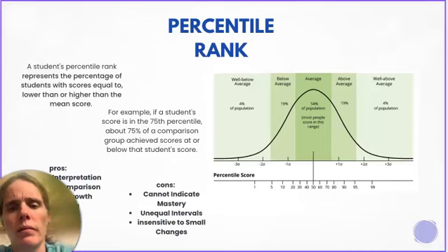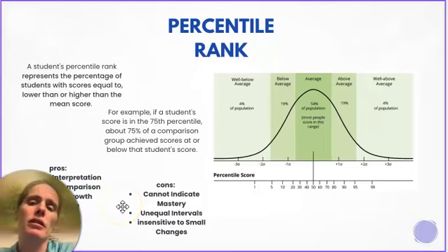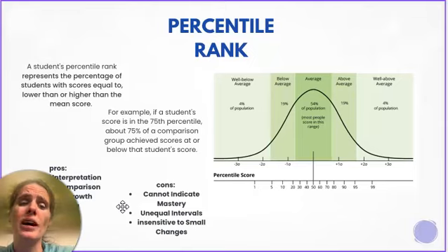Here is a percentile ranking. I thought that it would be nice to separate them and highlight the different graphs. So with percentile ranking, a student's percentage rank represents the percentage of students with scores equal to, lower than, or higher than the mean.